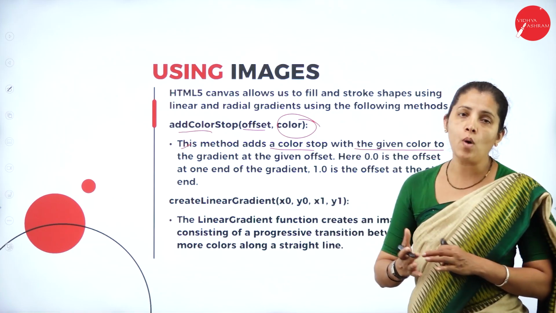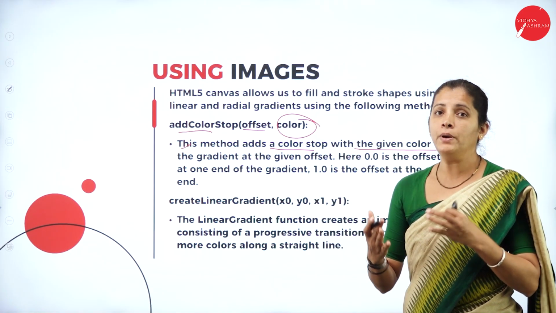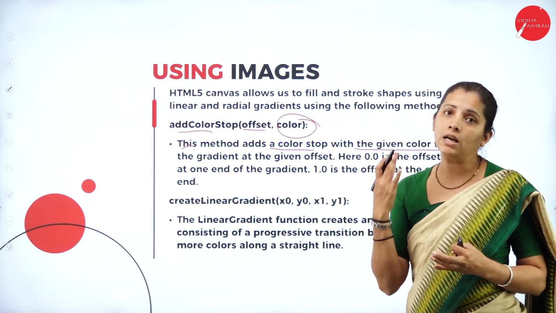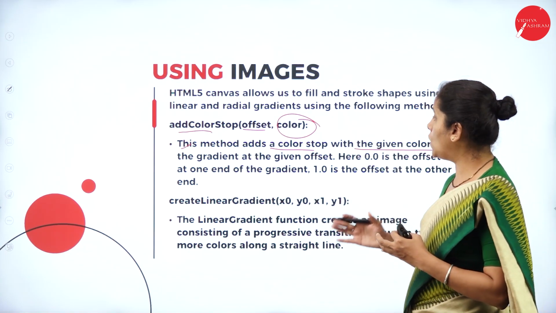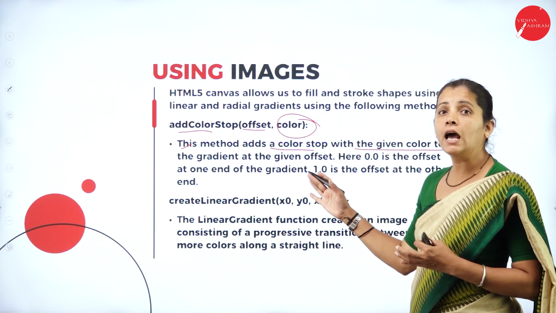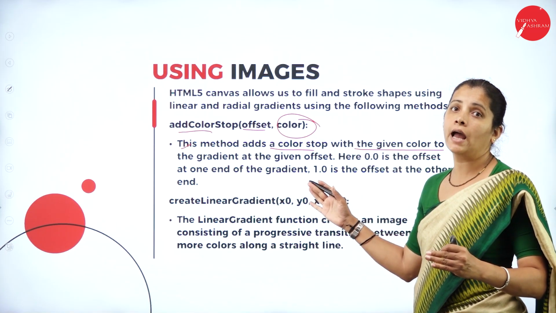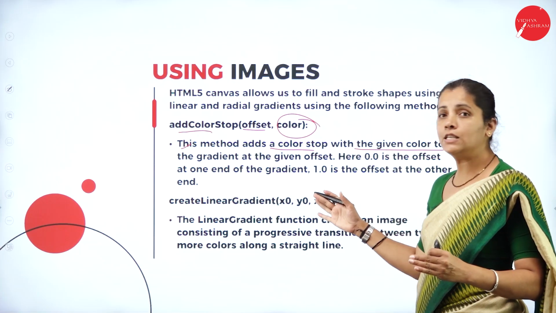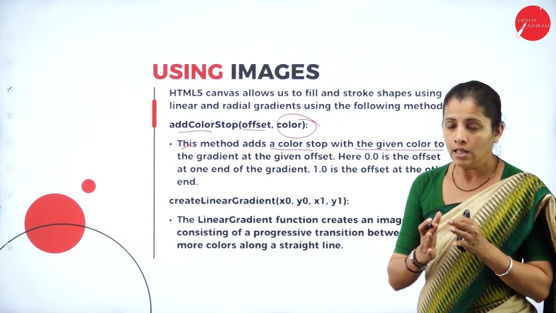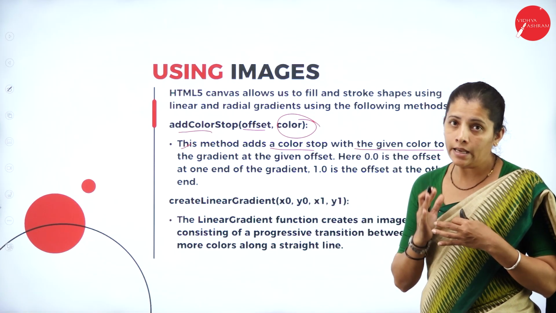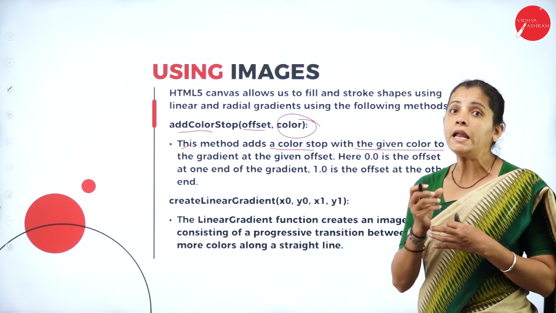Suppose I want to provide a transition between two or more colors, then it is called a gradient. There are two types of gradient, linear gradient and radial gradient. Linear in the sense that I am considering a line. Radial is nothing but the radius.